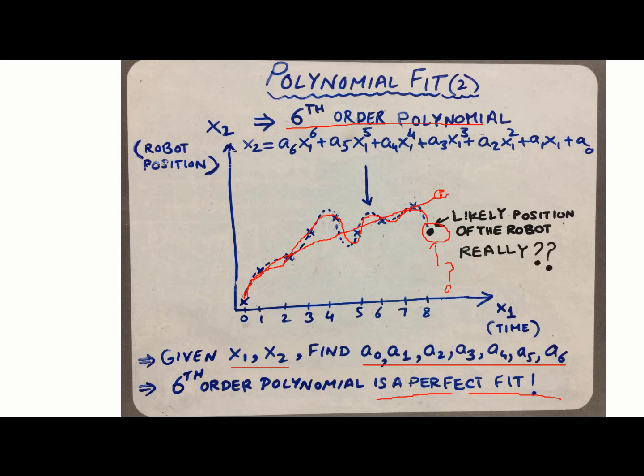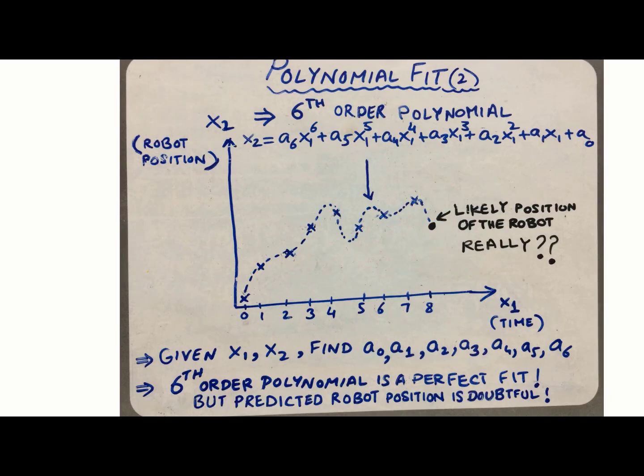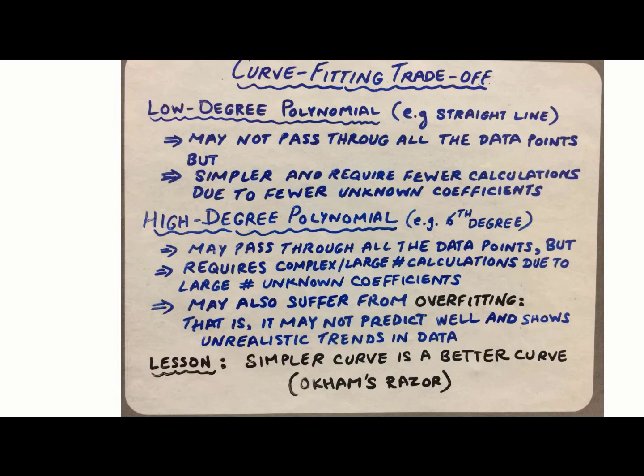So this is something strange: even though the fit is getting better with the increasing order of the polynomial, we may not be getting a very correct prediction. So we can say that a sixth order polynomial is a perfect fit, but the predicted robot position is somewhat doubtful. So what we have seen here is an instance of overfitting, right?